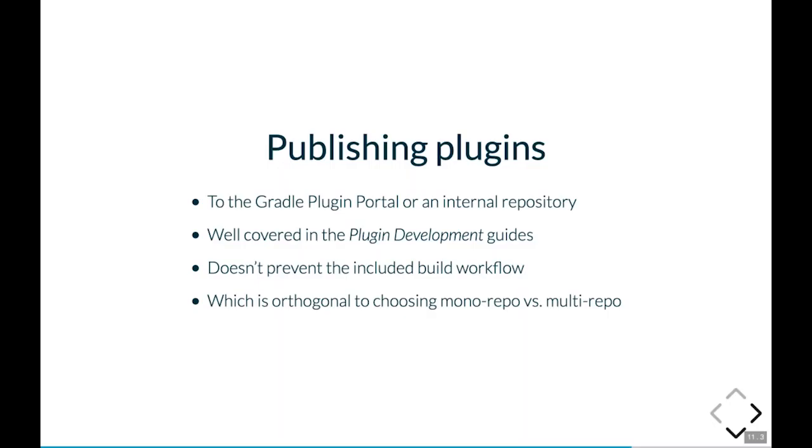So you take that build, you include your plugin, you declare the dependency, and then you can make changes in your IDE. You have both in context, and you can make changes to your plugin and your Kotlin build scripts and see it reflected live, which provides a very good development feedback loop. And this thing about including builds is orthogonal to choosing monorepo or multi-repo architectures. The important boundary is builds. So we won't go into much more detail.